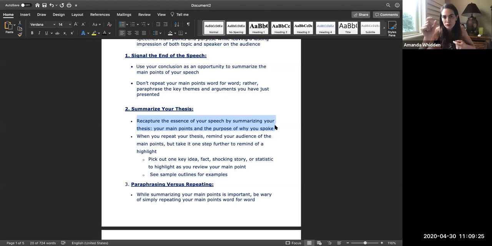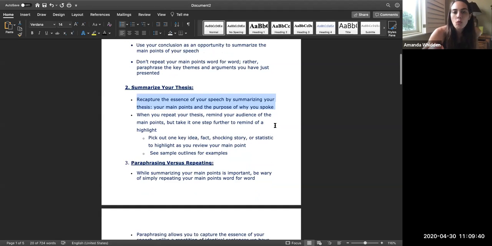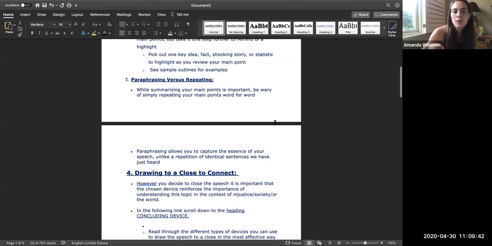You can do that with little phrases, and we'll talk about that with persuasion, but even so with repetition of the same reinforced belief or value, or again, in this case, example or statistic. Remember, it's paraphrasing versus repeating. I feel like I've already talked about that.